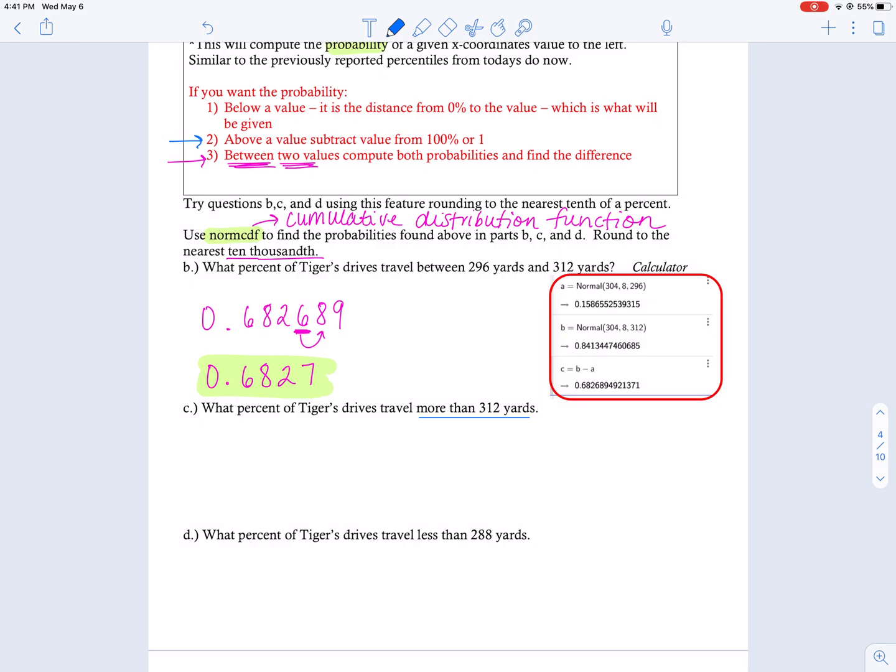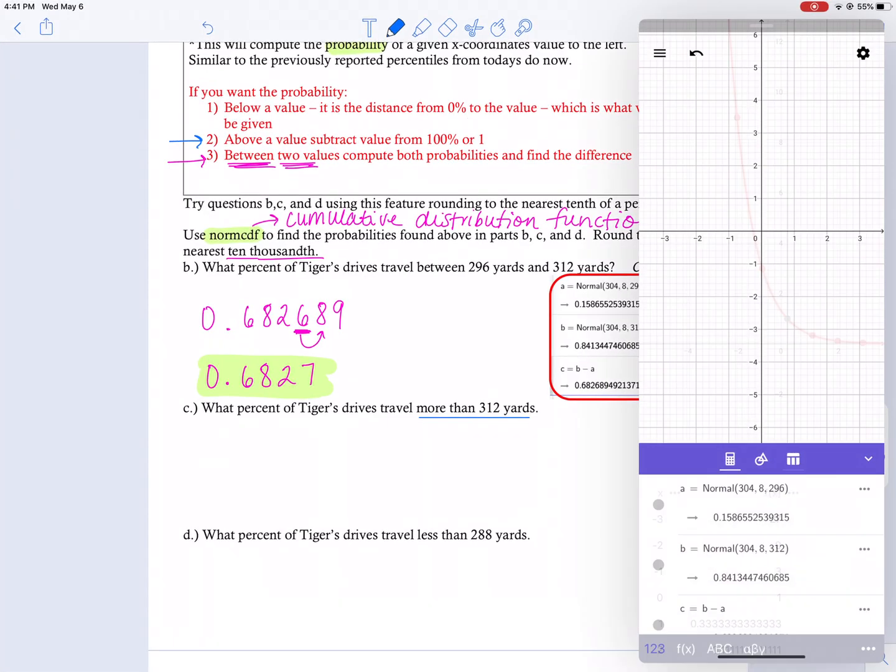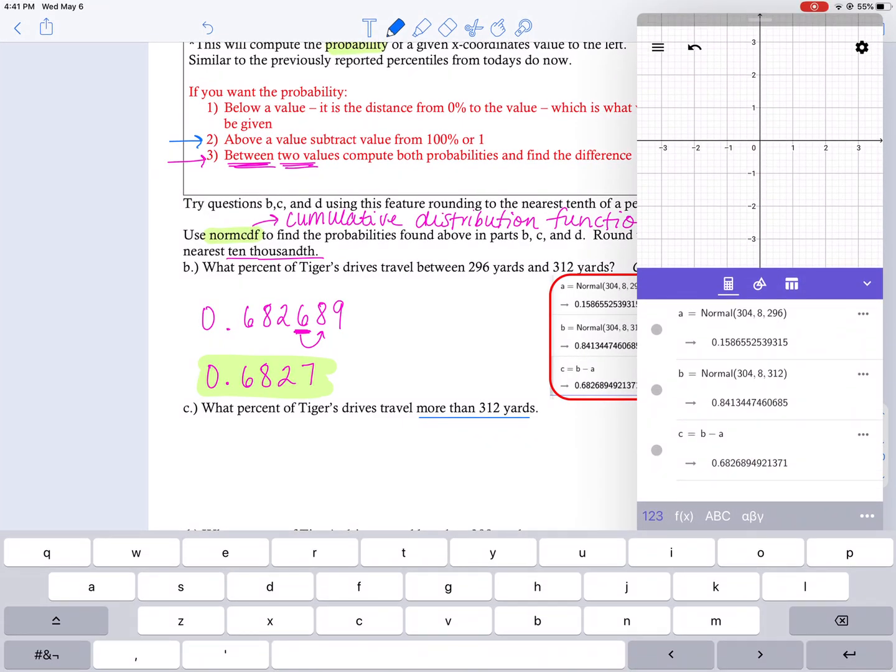So if I go into my calculator, it might be easier for me to just bring it up next to it. Okay, so I am going to clear out that first one. And let's talk about above 312 yards, more than 312.